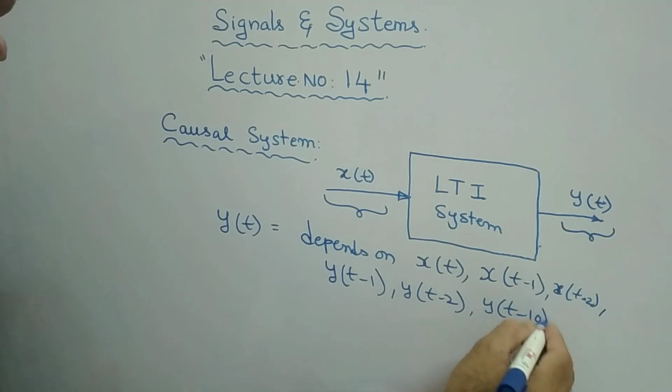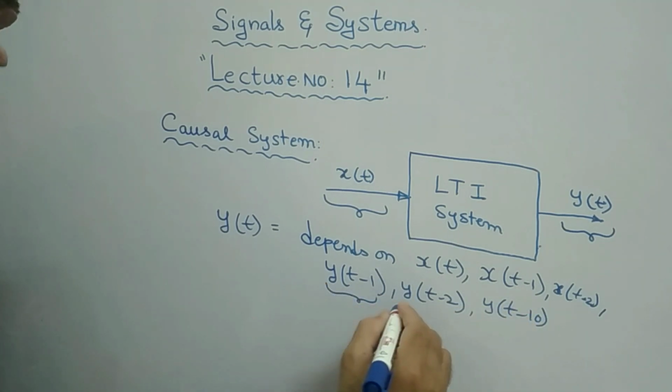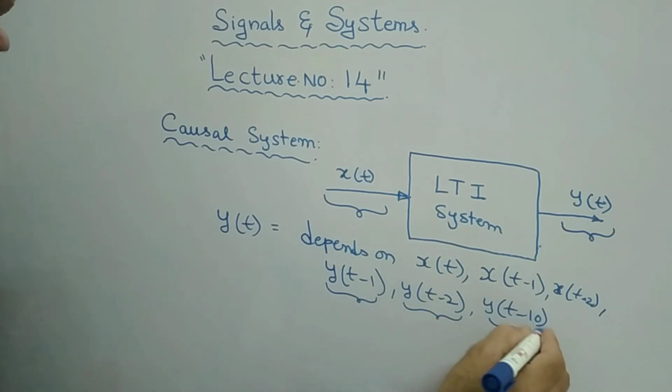These are called the past outputs. Terms like t minus 1, t minus 2 indicate past values.